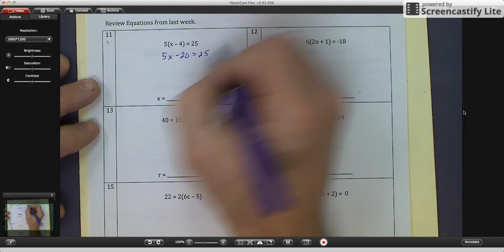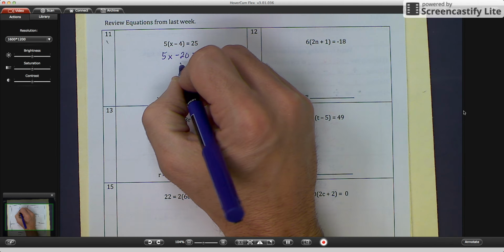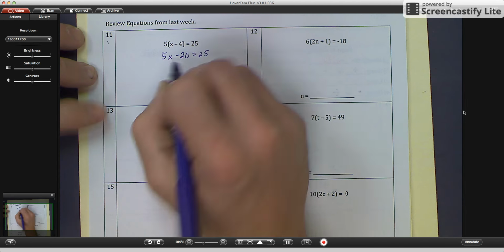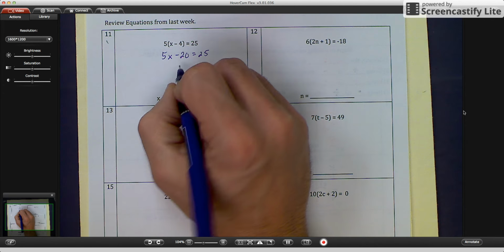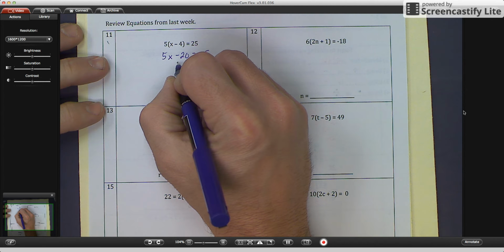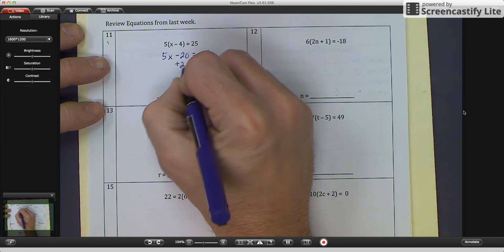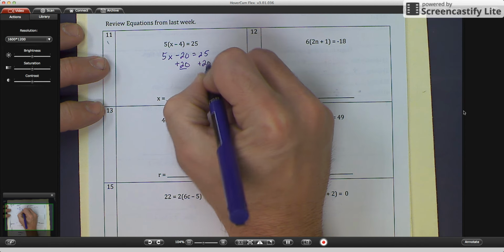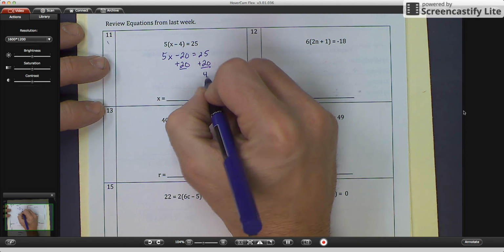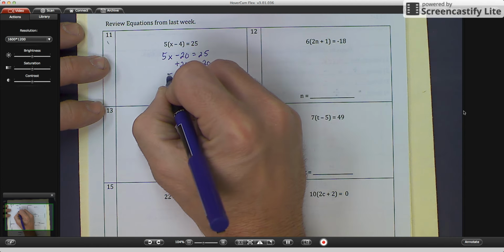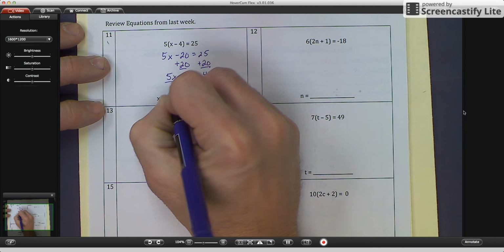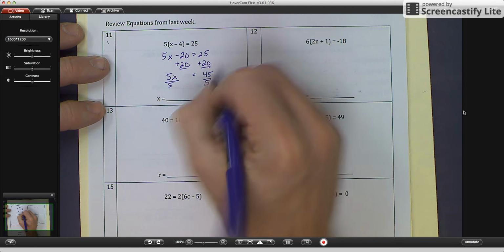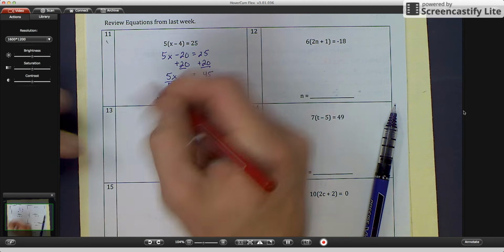So we distribute, and then we are going to kind of do the steps on the previous page. We don't have variables on both sides, so we could skip that one. I need to get my variable by itself, so I'm going to add 20 here, add 20 here. 25 plus 20 is 45 is equal to 5x. Divide by 5. And you get x is equal to 9.